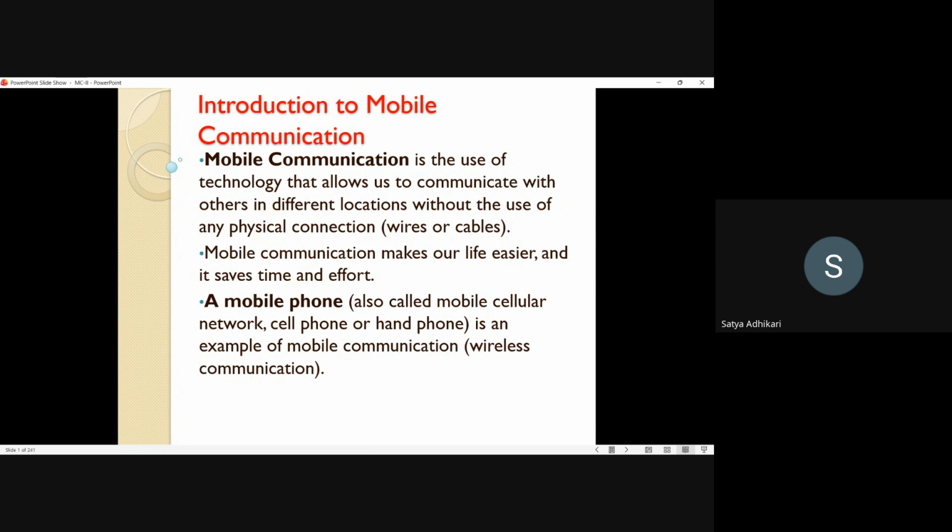So when communication is performed without any physical wire or physical cable, using other media, that is known as mobile communication.